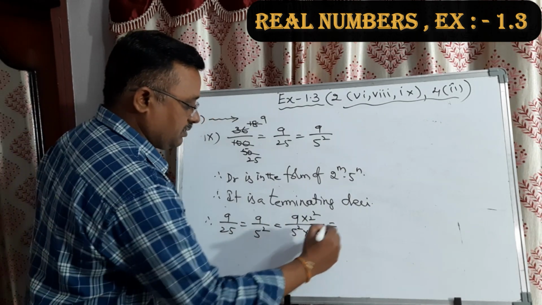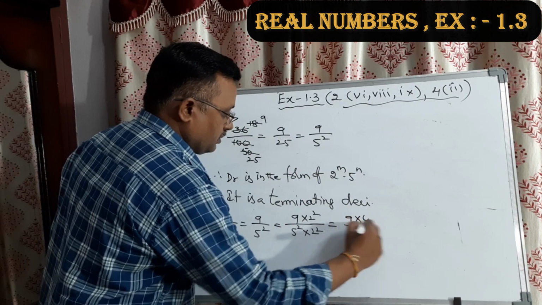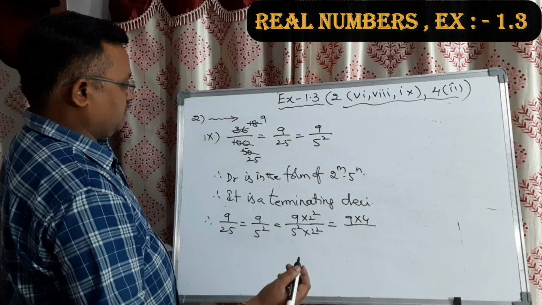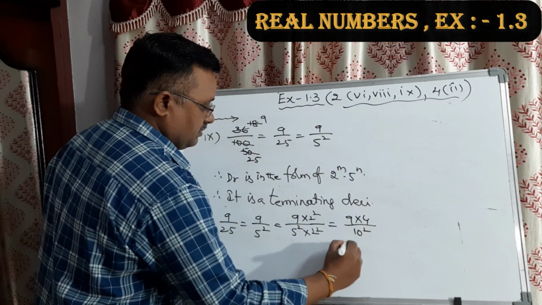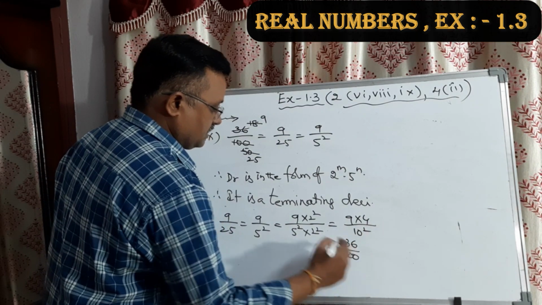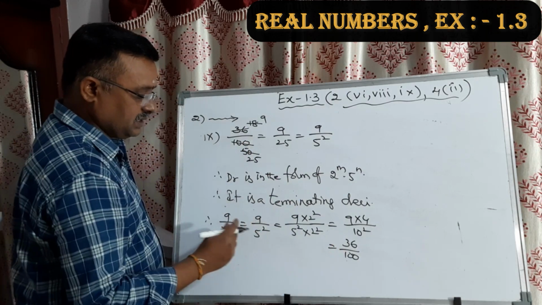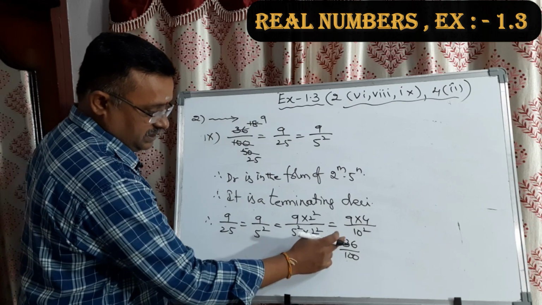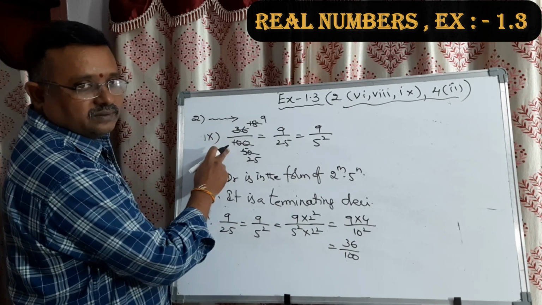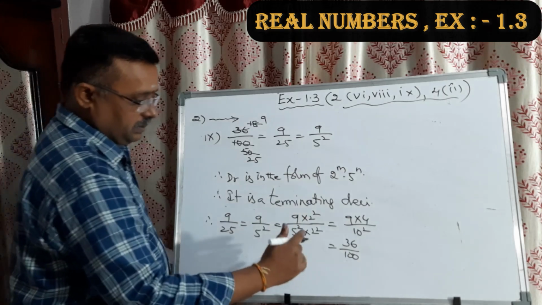Therefore it is equal to 9 into 4 by 10 square, which is equal to 36 by 100. Actually we got the original value only, but the calculation comes like that.